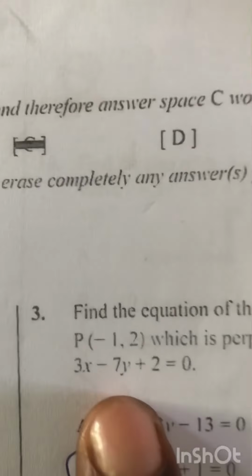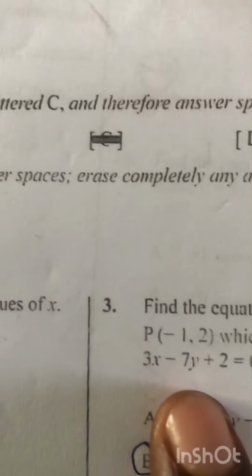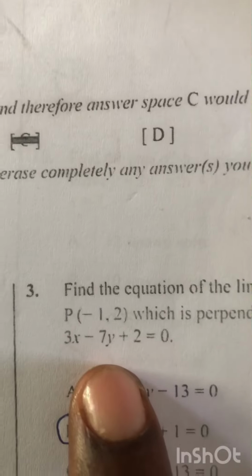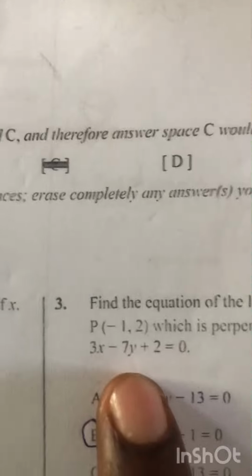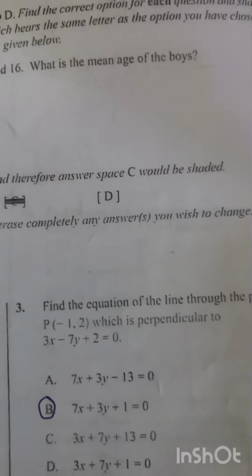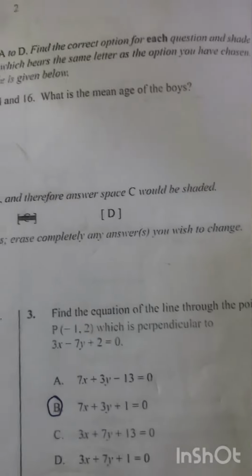When you make y the subject, the gradient will be 3 over 7, because the coefficient of x will be 3 over 7. The gradient for the other line, you invert it and negate it, will be -7 over 3. Simple.